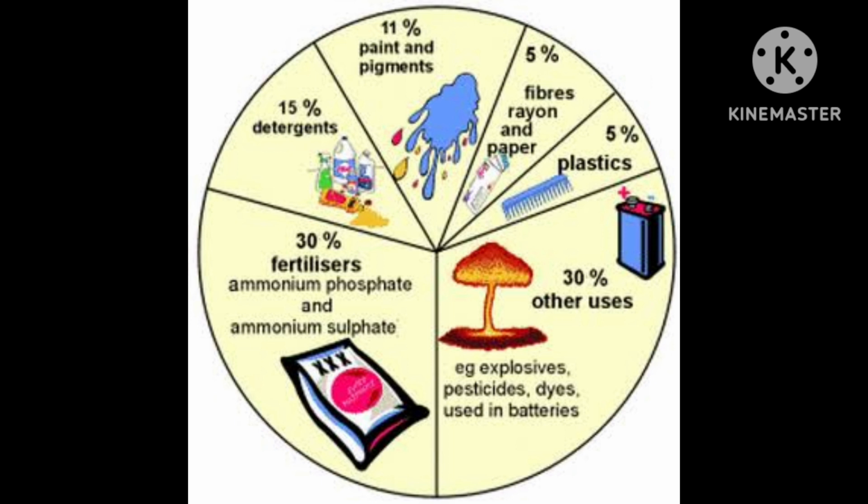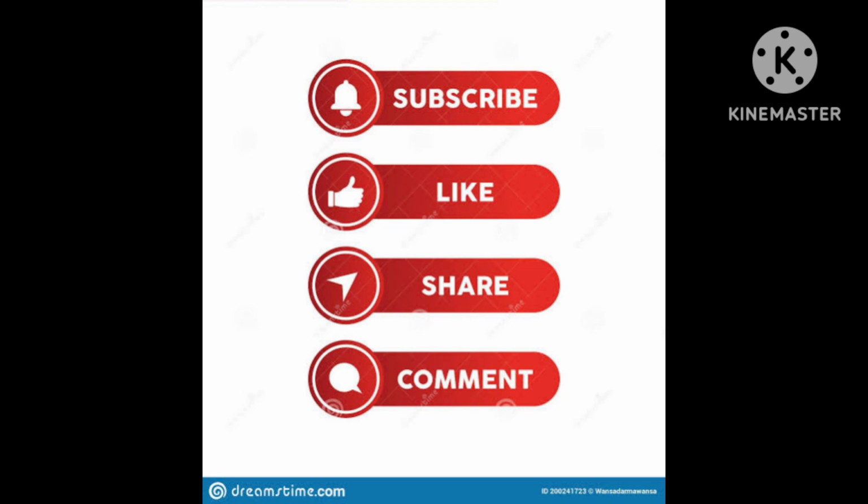Nitrocellulose products are used everywhere, and H2SO4 is also used in general as a laboratory reagent. I have discussed all the important applications of H2SO4. Now I am stopping here. Okay, thank you.